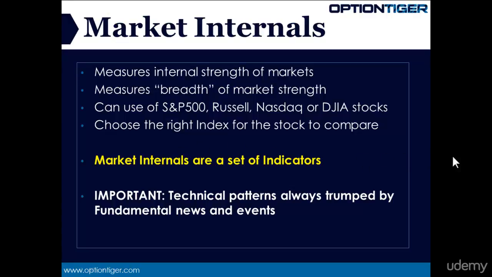So, for example, Google is a Nasdaq stock. If you're doing a comparison with Google, you want to compare it to the Nasdaq market internals. If you're planning to trade, let's say IBM, then you would want to compare it to the Dow Jones. So you want to choose the right index to compare the stock with.